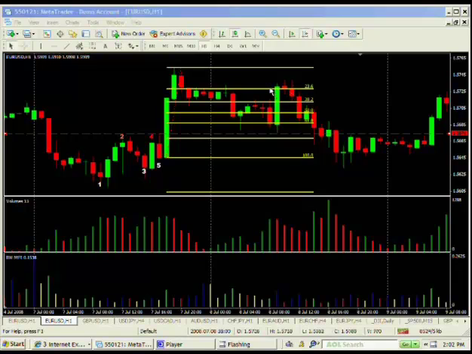Okay, and as would be expected, we break 23.6 and we go and test 38.2, and we bounce and come back up and attempt to test 23.6, just like we talked about in the Stairway to Profit section, how at each floor there's a close beyond the level, then there's a pullback to test the level, then there's a continuation to the next level, and it goes like that all the way down.